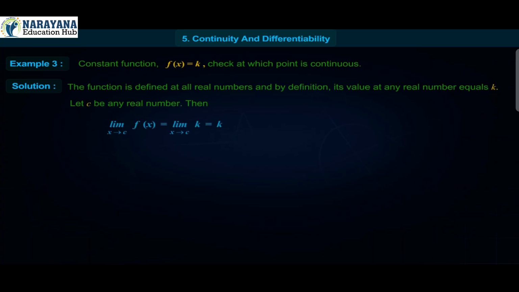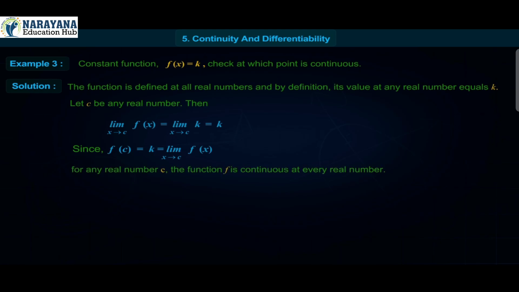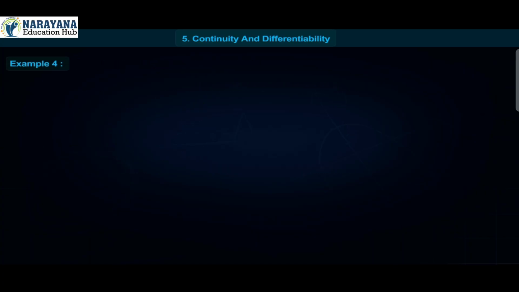Then limit x tends to c, f of x is equal to limit x tends to c, k, which is equal to k. Since f of c is equal to k, which is equal to limit x tends to c, f of x for any real number c, the function f is continuous at every real number.